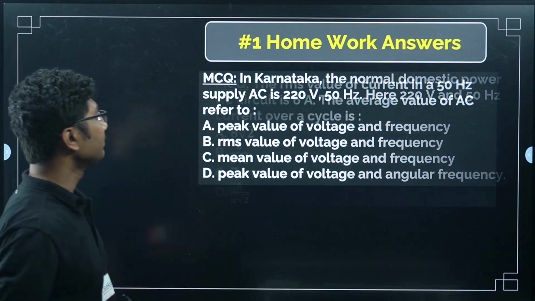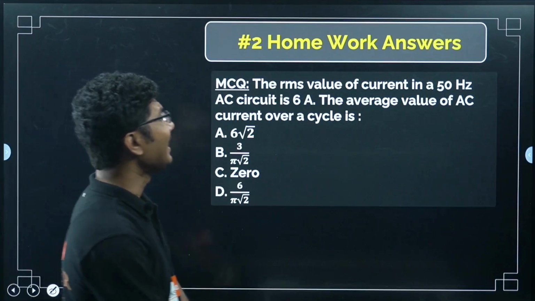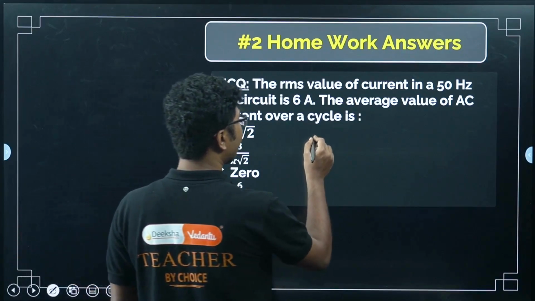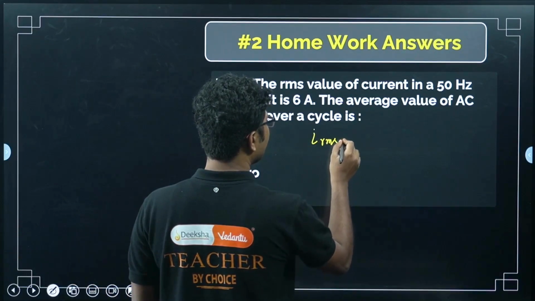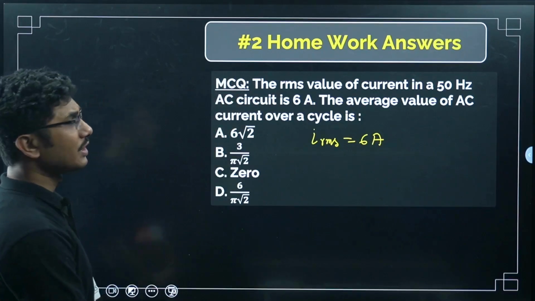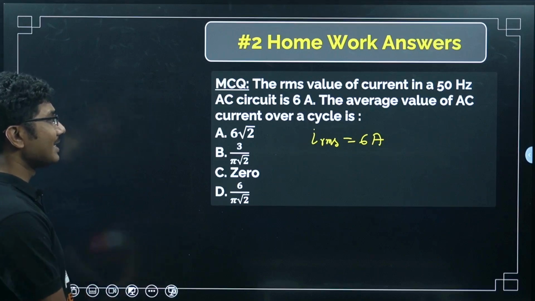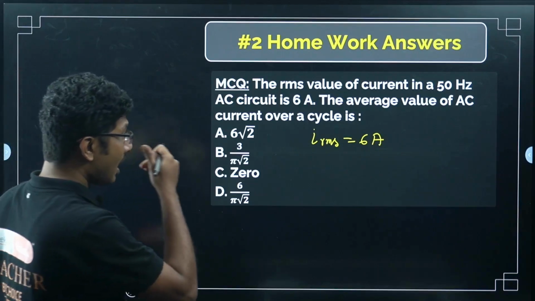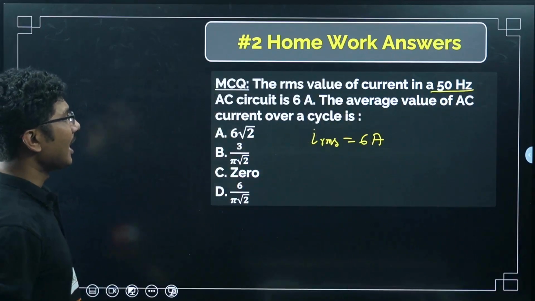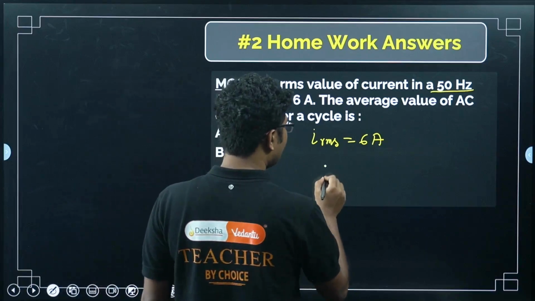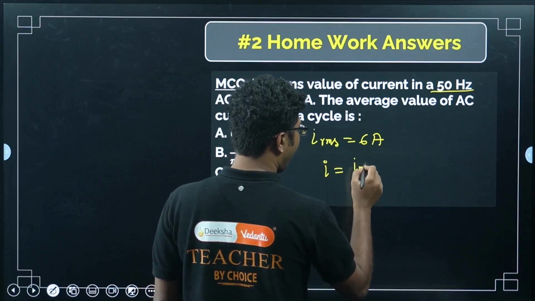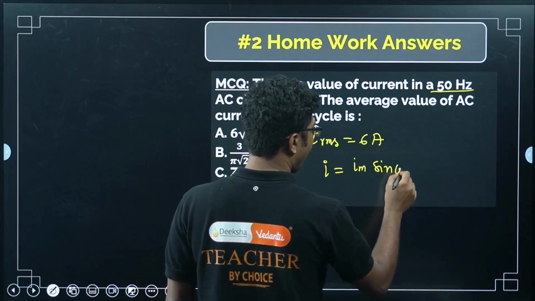Okay, now let's move on. The RMS value of current in a 50 hertz AC circuit is 6 ampere. So I RMS is given as 6 amperes. The average value of AC current over the cycle is, so what is the average value of AC current over the cycle? Now we know that suppose the current is Im sin omega t, right?